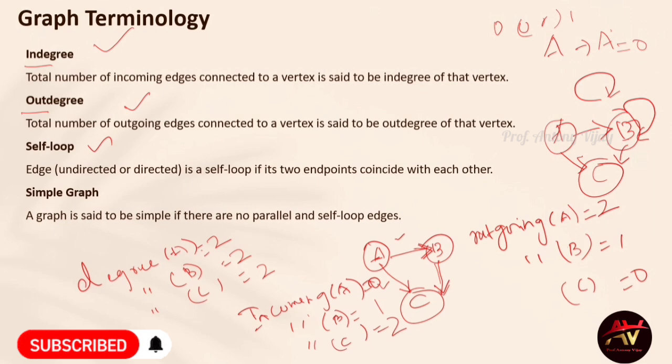B has a self loop, so B to B is 1. B to B is 1 means one link is there. If it is 0, no link. If it is 1, one link is there. C to C, no self loop.